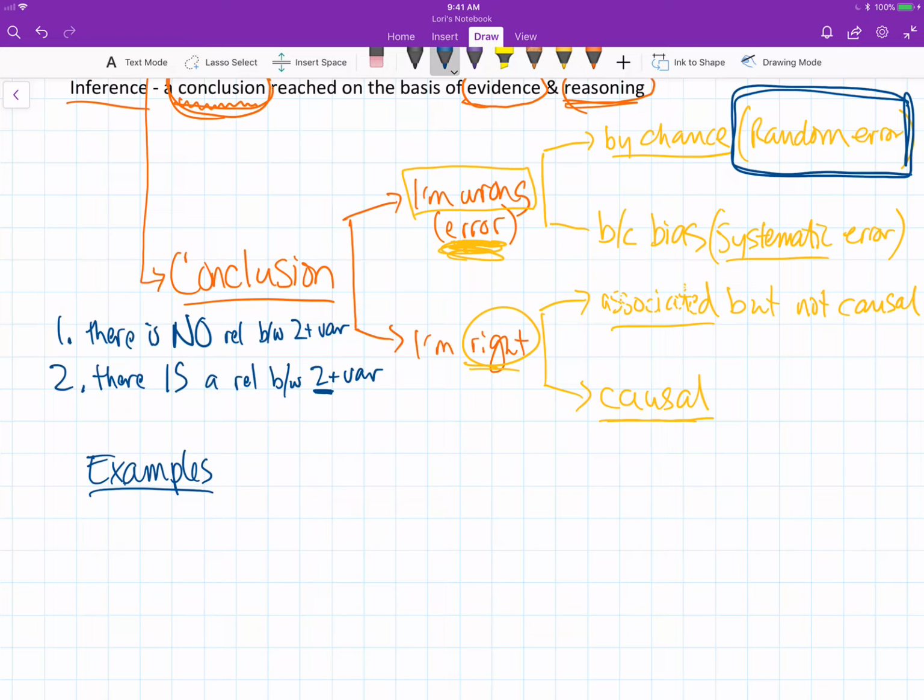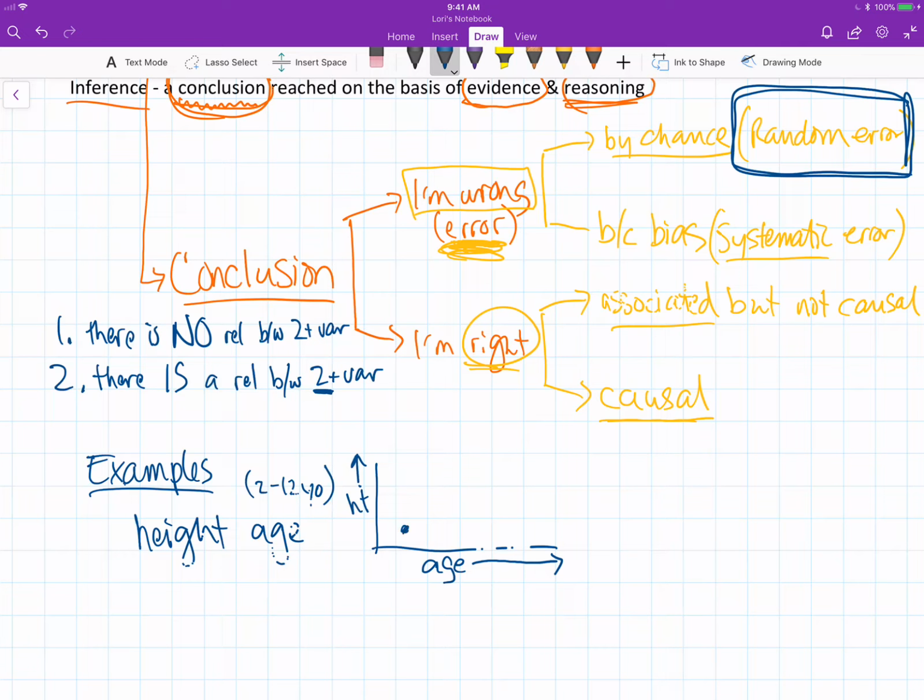So if we were looking at this relationship between height and age, let's just say that these are for like 2 to 12-year-olds. So we would imagine that as age goes up, height would also go up.